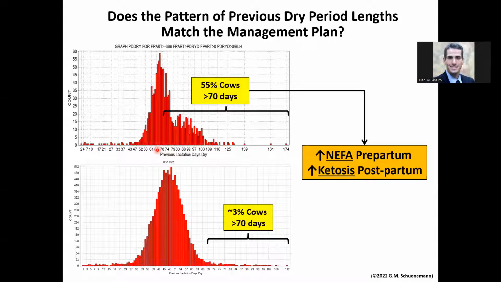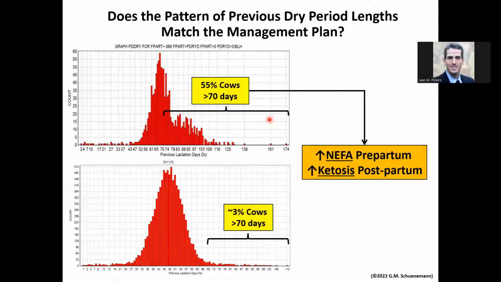When you have a dry period that is too short or too long, it might be an issue, like I mentioned to you. In this particular case, about 55% of the cows have more than 70 days. We know this is going to have an impact on maternity and early postpartum.